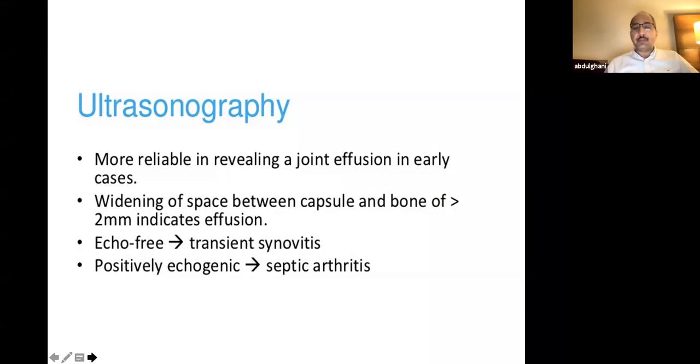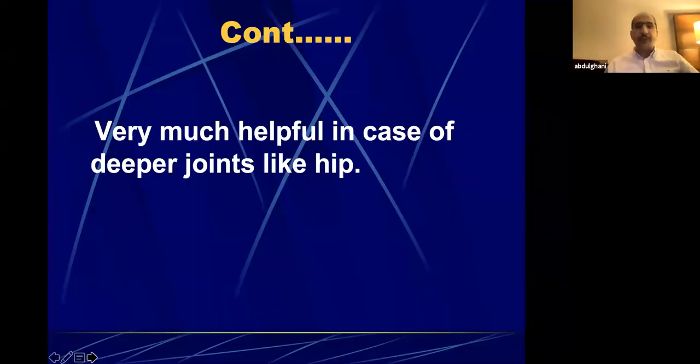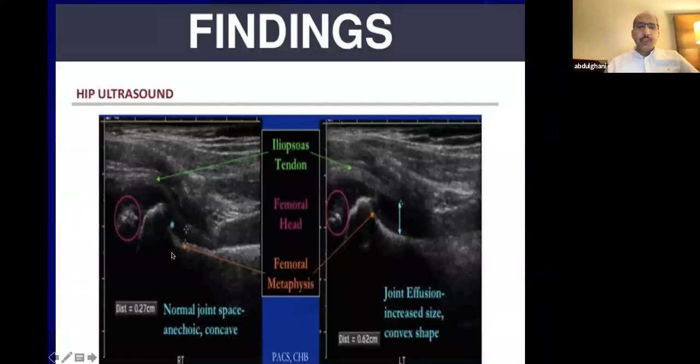If you are lucky enough to have a good backup radiologist or ultrasonologist, he or she can really help you in differentiating these conditions. Very much helpful in case of the deeper joint like hip, as I already told you. Just an example: this is a normal joint fluid, not much actually, normal joint space, anechoic and concave in shape. Whereas here, there is increased joint effusion, increased size, and it becomes convex.